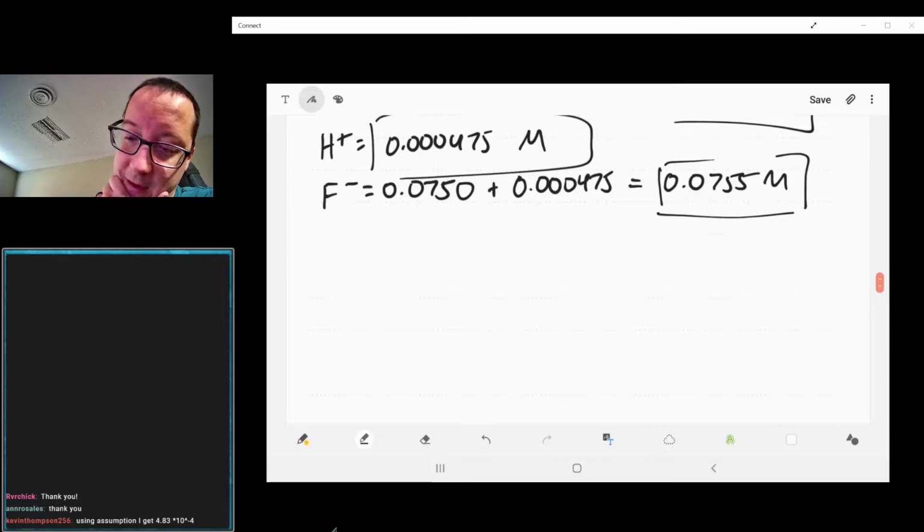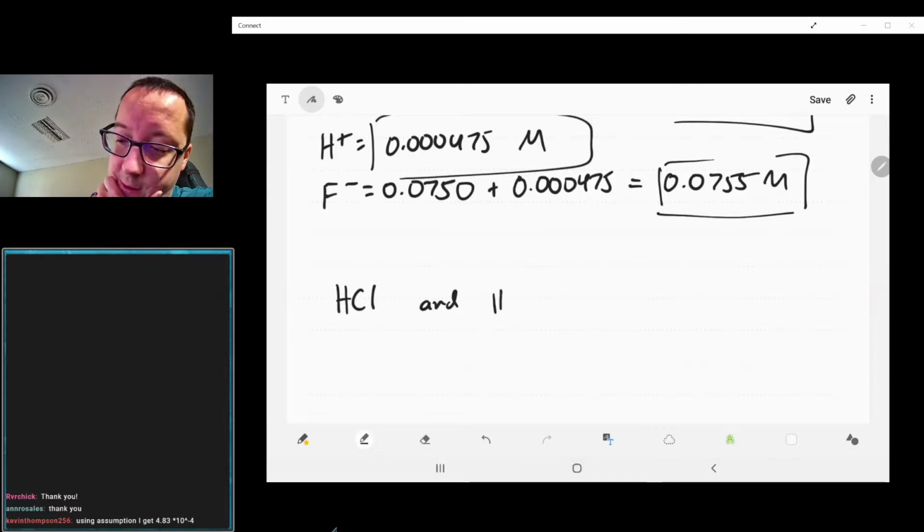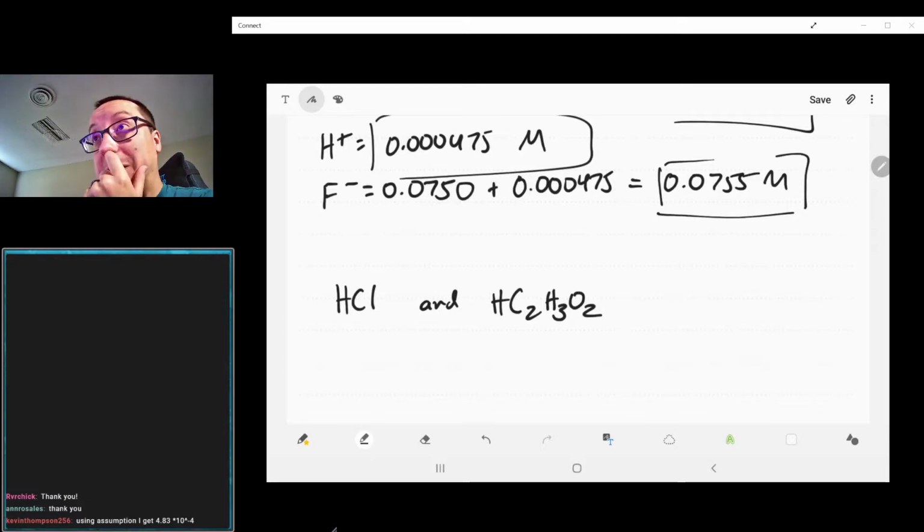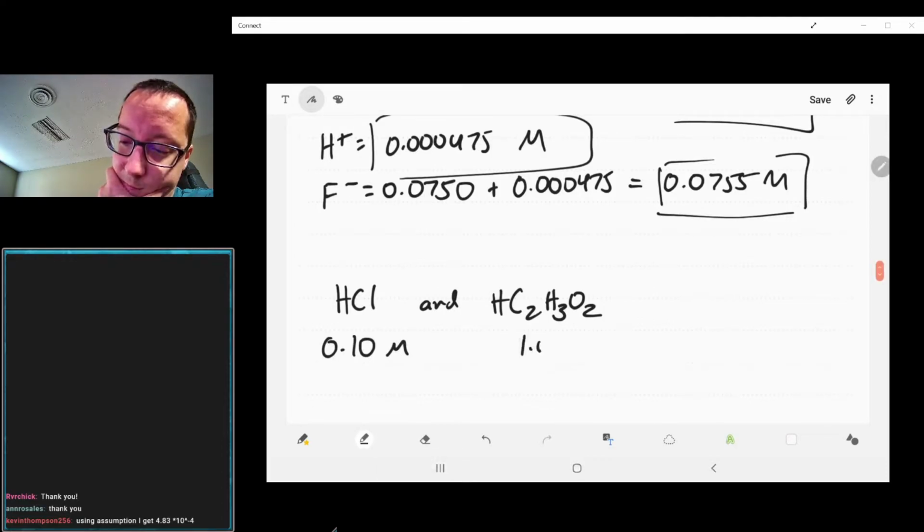So let's say we had a mixture of HCl and acetic acid. Those two are mixed. And so let's say that our solution is here.